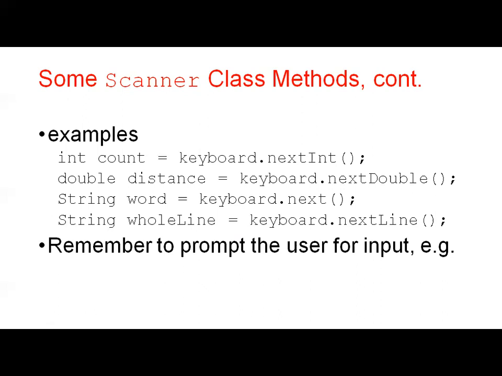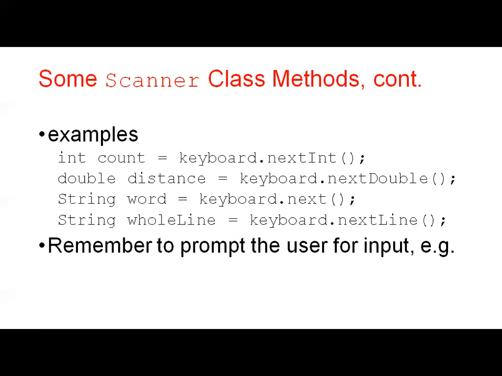Before using these methods, we must remember to give a prompt message to the user for the input, like the printf statement we use in C language before scanf. Similarly, here we can use the System.out.println method before nextInt and nextDouble, so that the user understands what type of input to enter.